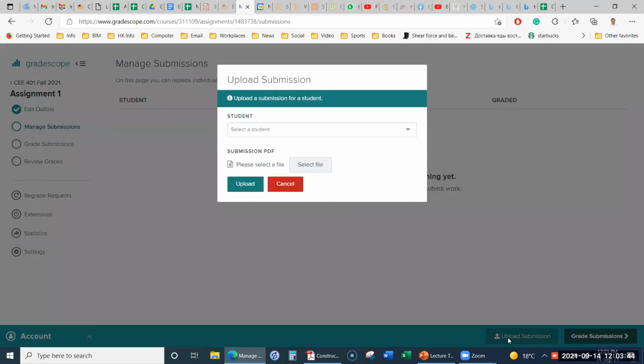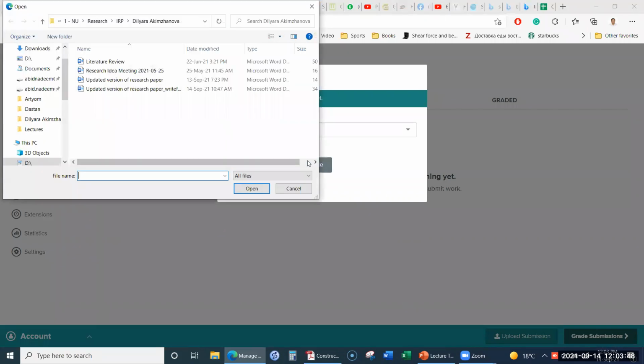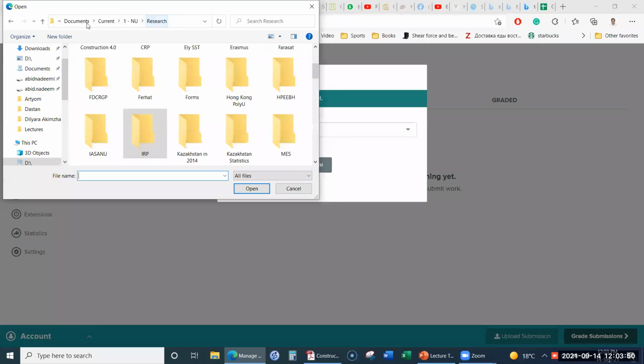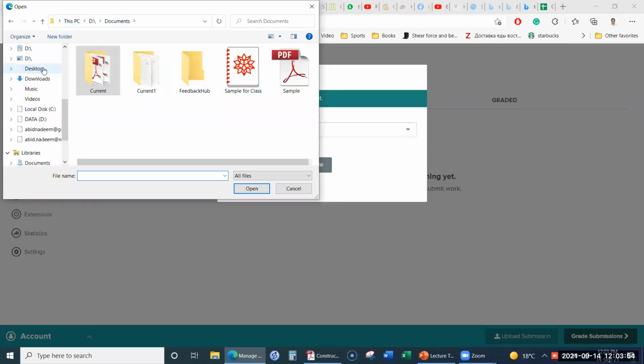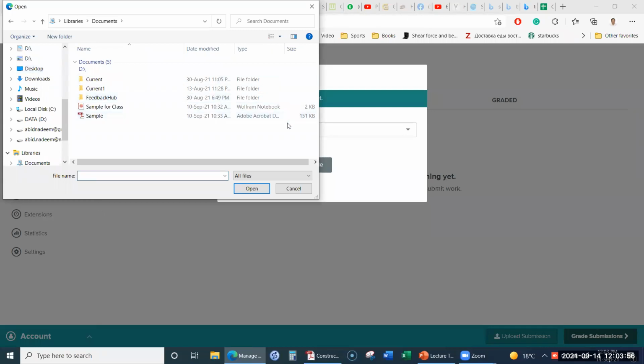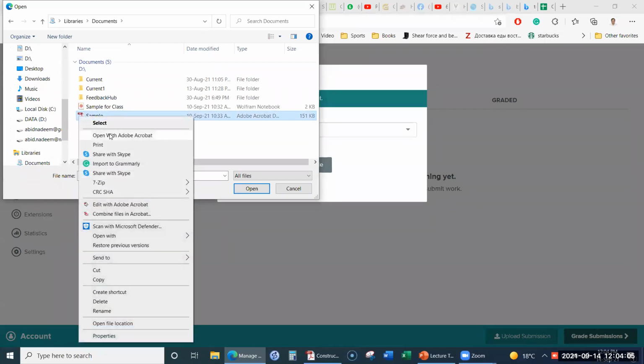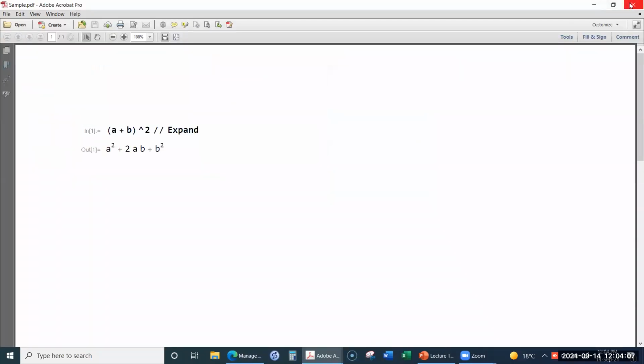You will click the upload submission button and select the file, which should be a PDF file. So for example, if you have a PDF file, something like this.